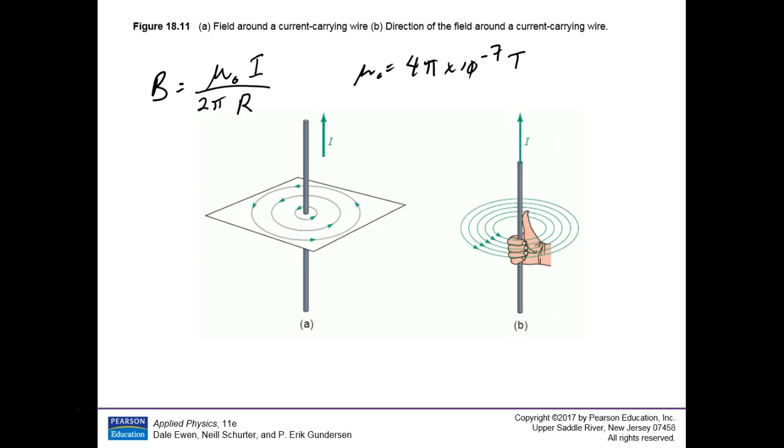Of course that sort of makes sense, because the current is in amps, so those will cancel out. The amp is in the denominator for mu naught, in the numerator here, and then here you're dividing by meter, so you multiply by meter, and that leaves B being measured in Tesla.